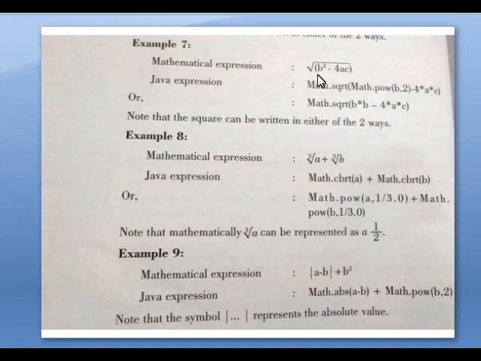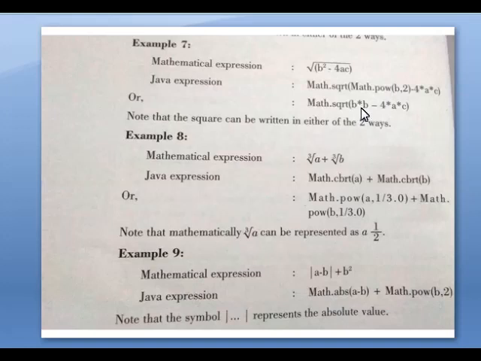Otherwise, you can write Math.sqrt of b into b, because the power is small, so no need to use the function Math.pow. If it is a big number we can use it; otherwise, for 3 powers or 4 powers you can use the same, you have to write b * b - 4 * a * c.